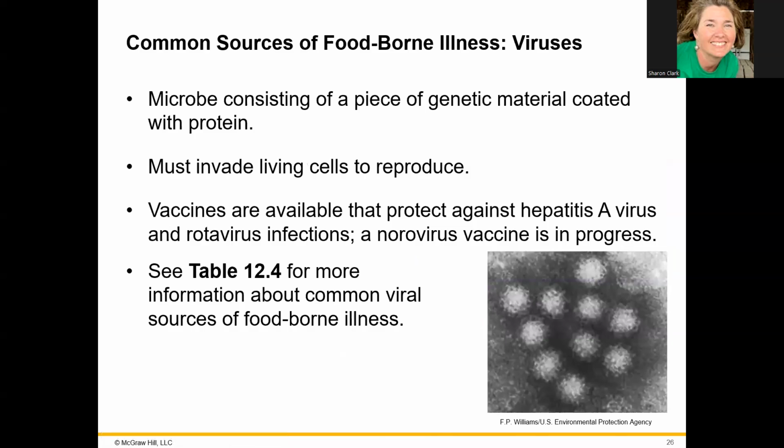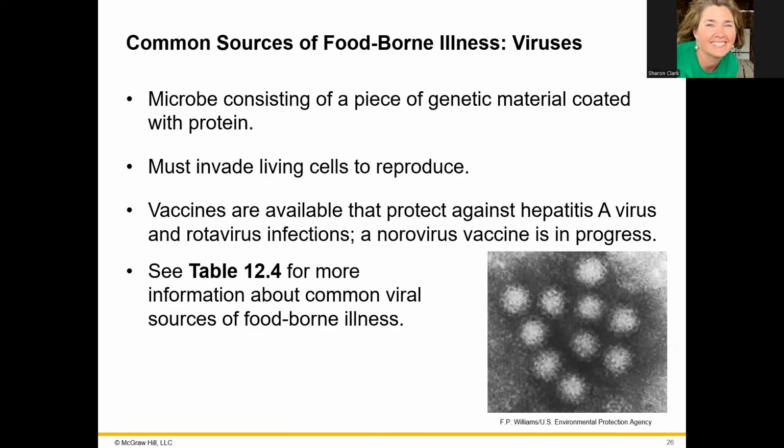The second type here is viruses. Remember, a virus is a microbe that needs a living cell in order to reproduce. Some of the more common viruses are norovirus. Remember we spoke about that one earlier, a couple of slides ago, popular on cruise ships.